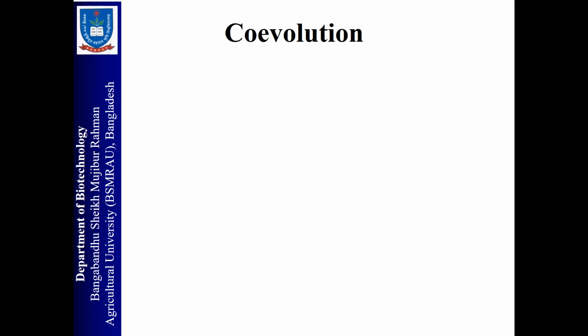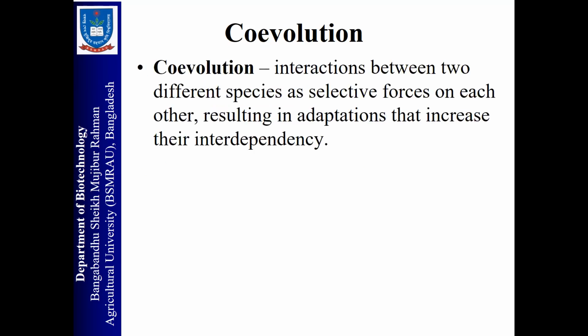You need to know one important term, coevolution. Coevolution means interactions between two different species as selective forces on each other, resulting in adaptations that increase their interdependency. In an ecosystem, all living organisms depend on each other, interconnected.